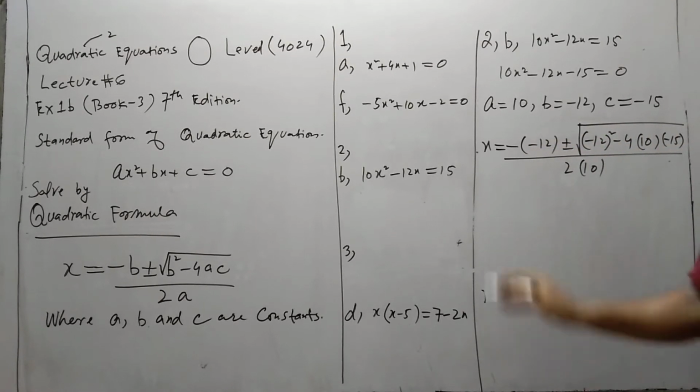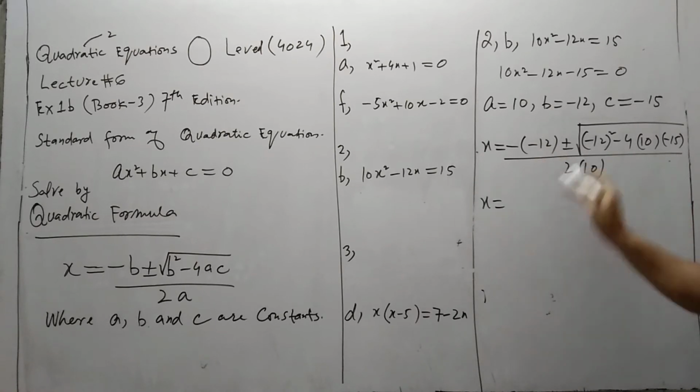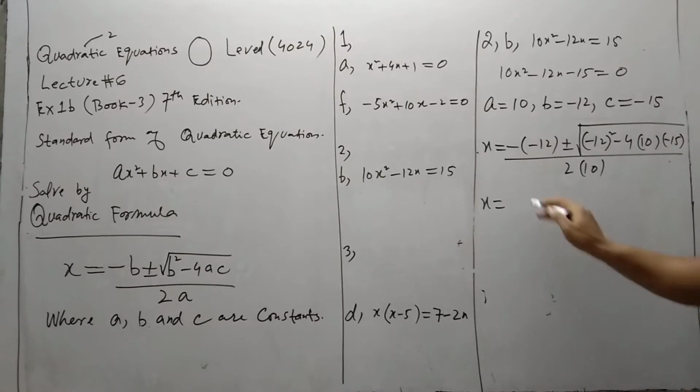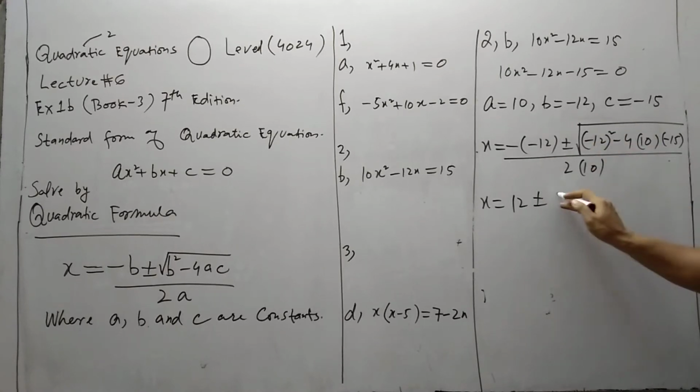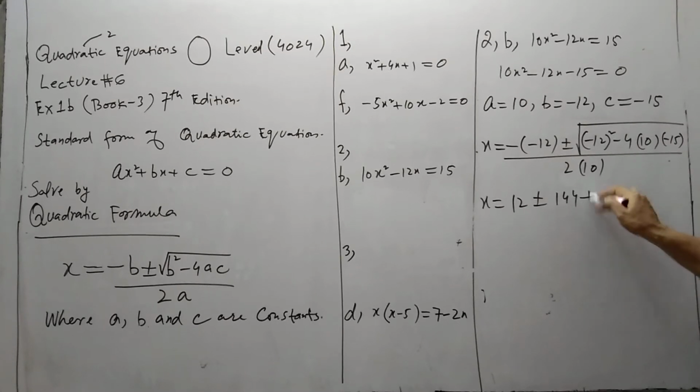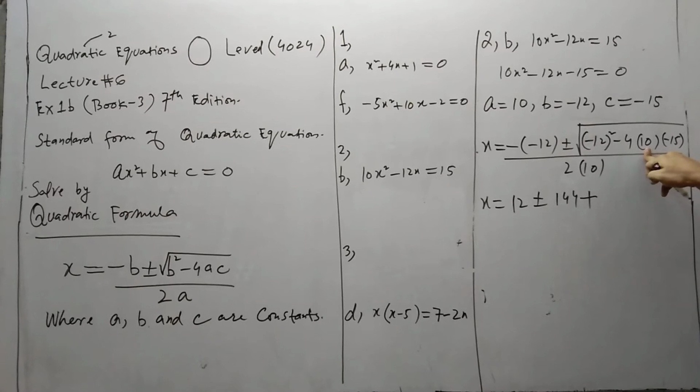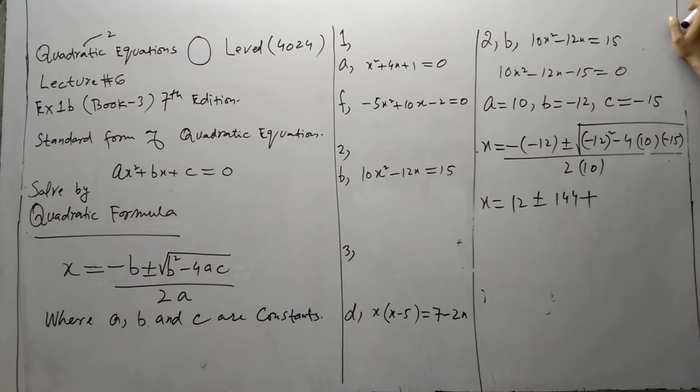I hope you understand. x is equals to minus minus plus 12 plus minus, 12 square. Minus square is always plus. So 12 square is 144. Minus minus plus. 15 tens are 150, 15 fours are 60. 60 tens are 600.